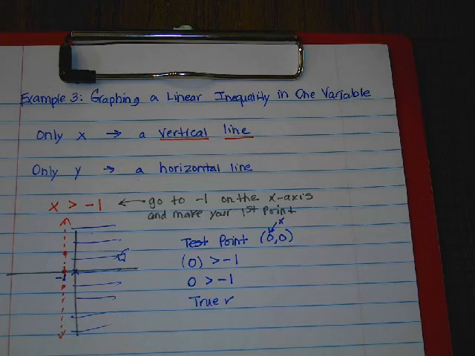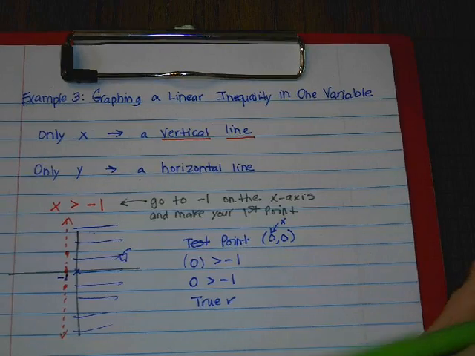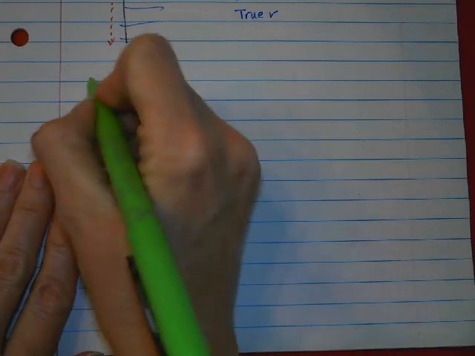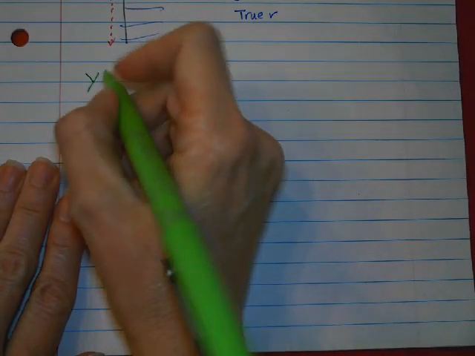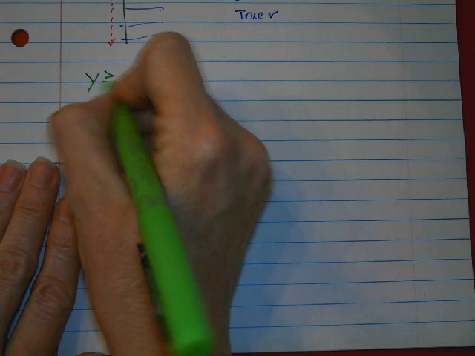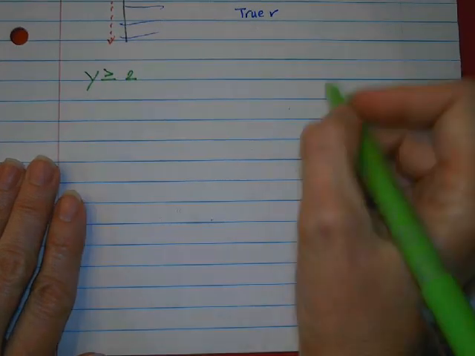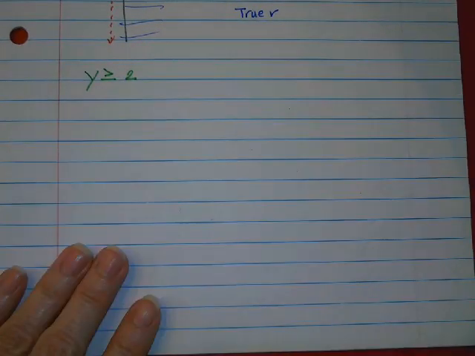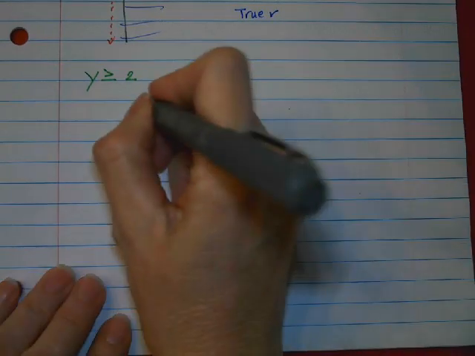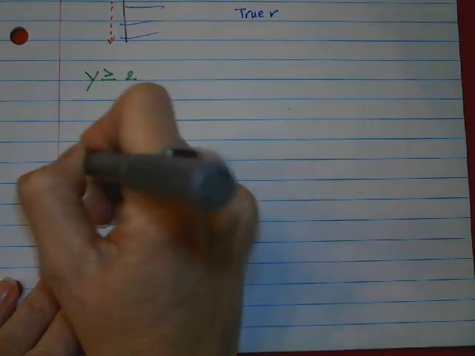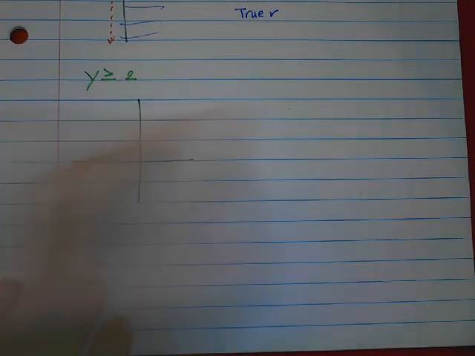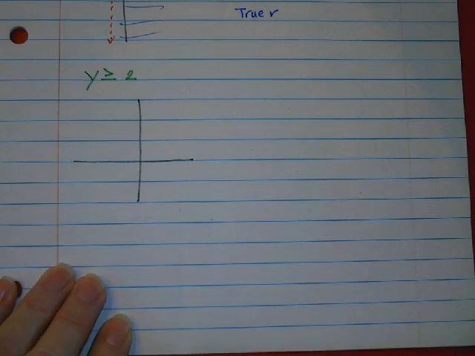All right, so now we're going to do our second example with a y-only equation. So I'm going to move this up. We're going to do y is greater than or equal to 2. So we're going to go ahead and draw our little coordinate plane here.